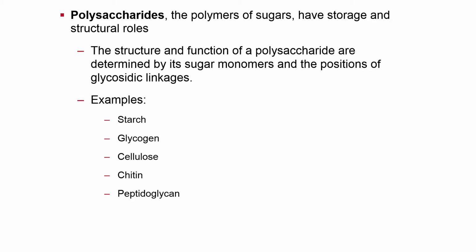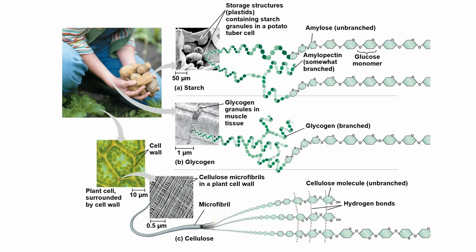We're going to go through this list of polysaccharides over the next couple of slides. This gives you a view of each of these types. We're going to walk through each of these, but you can already note some of the differences between starch and glycogen and cellulose and how they look.